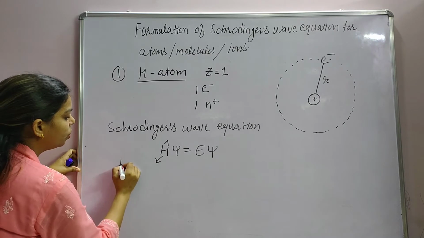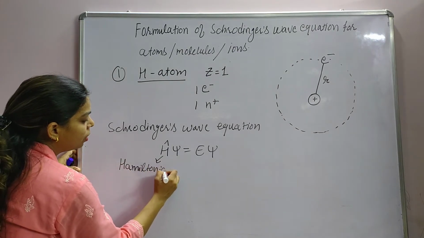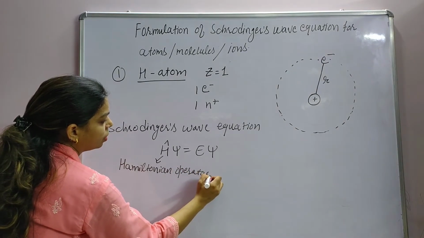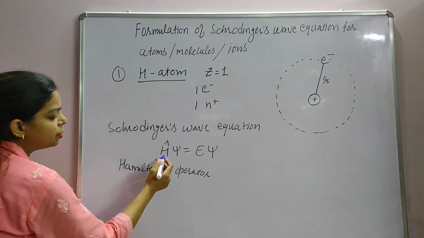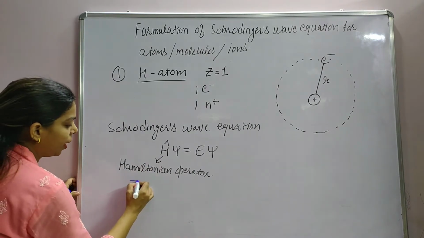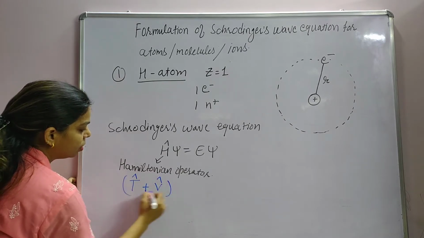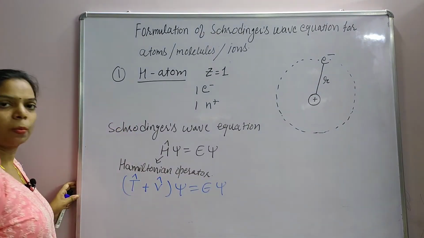We already know this. Alright, now I can split this Hamiltonian operator into kinetic energy term plus potential energy term. So equation becomes T plus V psi is equal to E psi.